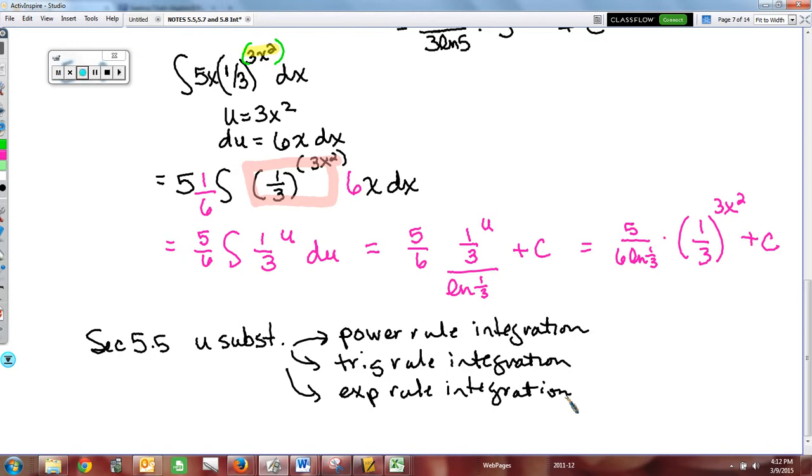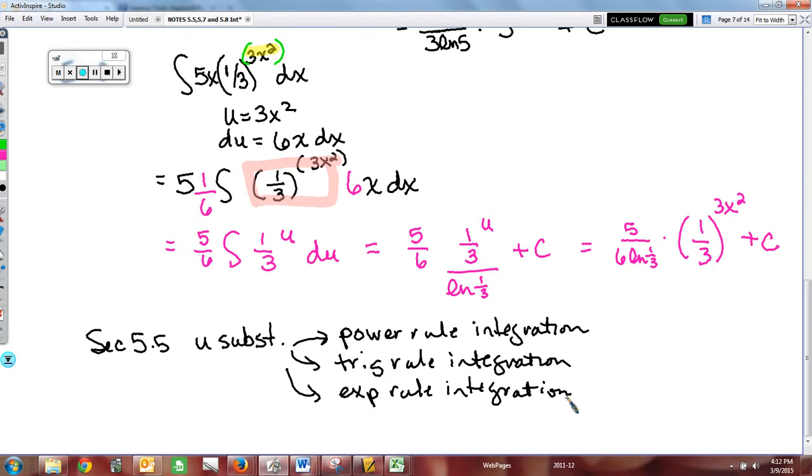Either it's a power function where you add 1 to the power and divide, or a trig rule where if it's sine, you know its antiderivative is negative cosine. If it is tangent squared, you know that its antiderivative must have been, the antiderivative of tangent squared is, all of a sudden my mind went blank as I was doing these.